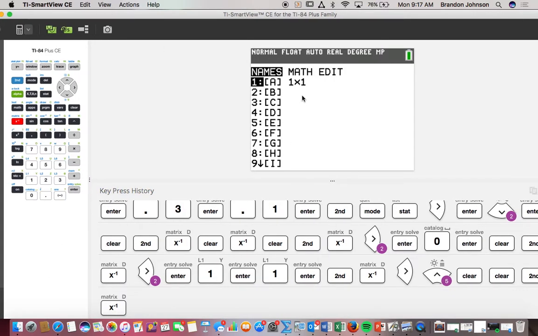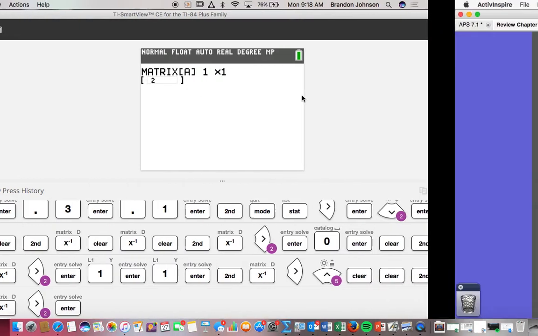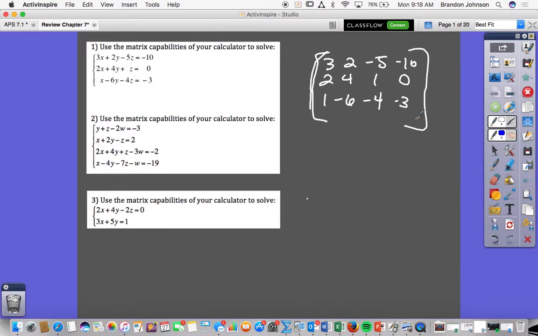So right here we've got the names. You want to go to the edit function, okay? Once you go to the edit at the top, simply press enter at the A matrix. And I think Nick said it pretty well here: rows by columns, okay?